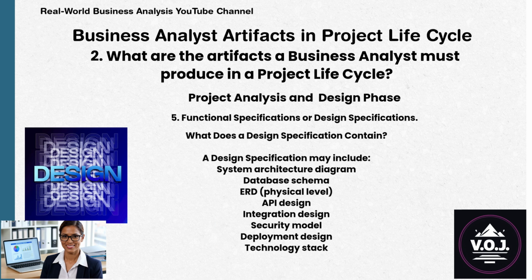What does a design specification contain? A design specification may include system architecture diagram, database schema, ERD physical level, API design, integration design, security model, deployment design, and technology stack.